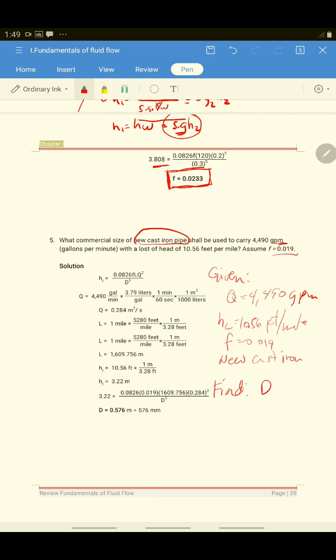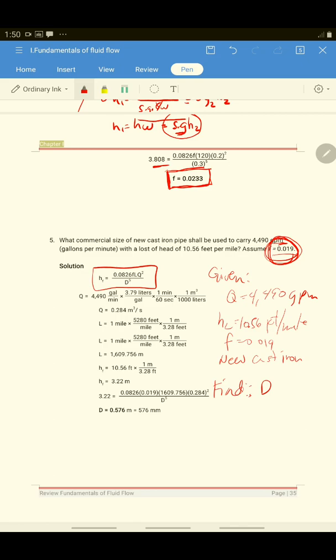Okay, so for new cast iron pipe, since F is given, we will use the Darcy-Weisbach equation again. Then we need the value of E for new cast iron pipe, not the Manning's roughness coefficient, that is N. I guess there is no need to determine E because F is already given, that is 0.019.